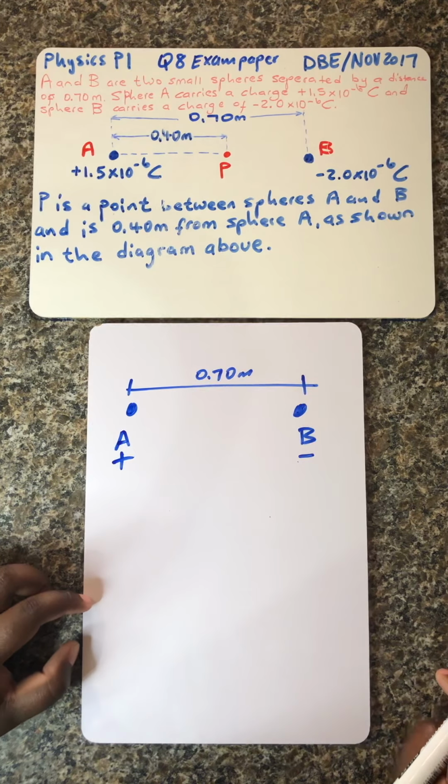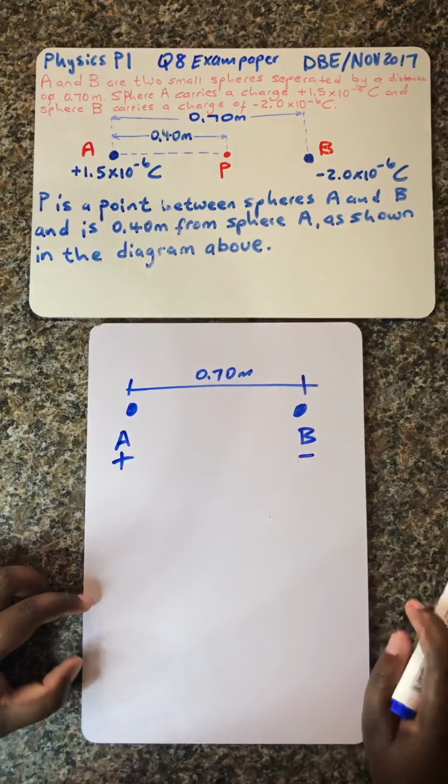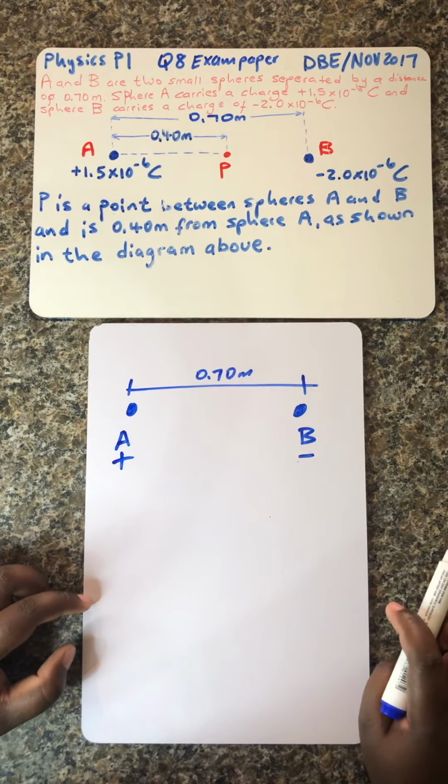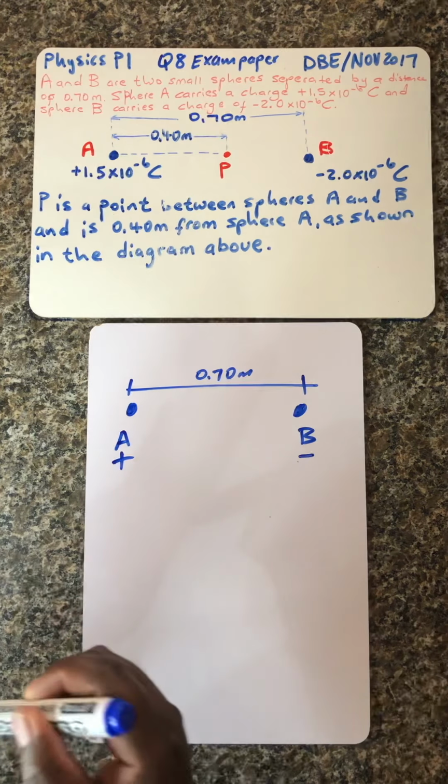Now we've got that statement which says P is a point between spheres A and B and is 0.4 meters from sphere A, which is very, very important, guys.